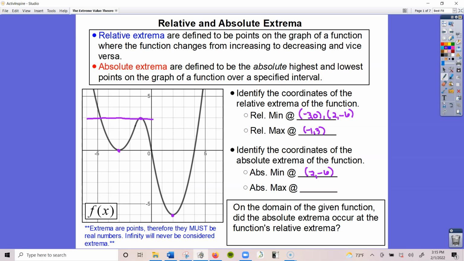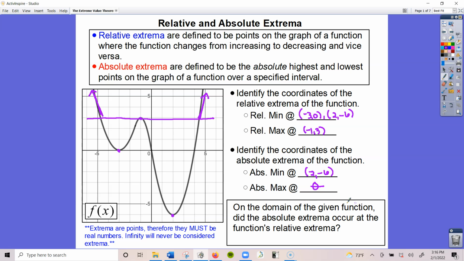But as you can see, above that particular point, we have more of our graph of f of x, which goes up to infinity. Therefore, we have no absolute maximum, simply because infinity is not a real number and your extrema have to be coordinates, which I can't put a coordinate on infinity, therefore there's no absolute maximum.